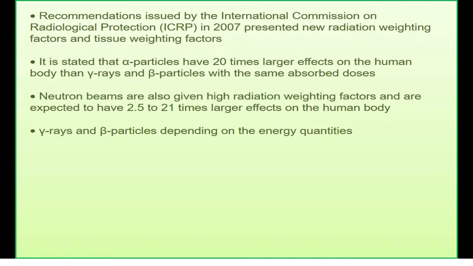Neutrons are also given high radiation weighting factors and are expected to have from 2.5 up to 21 times larger effect on the human body than gamma rays and beta particles, depending on the energy quantities.